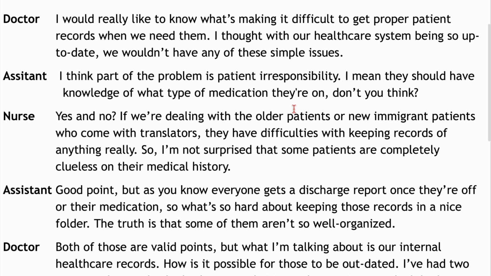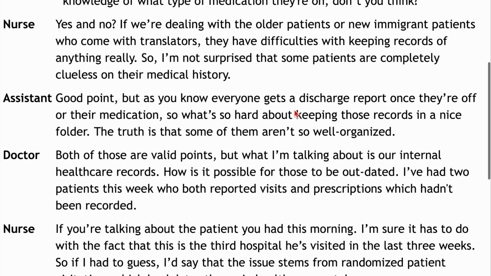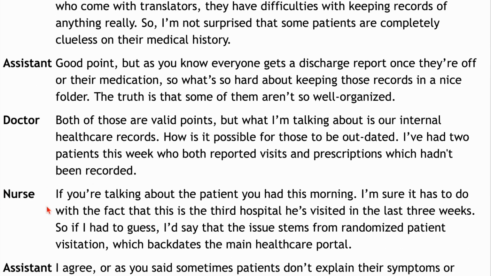Okay, I see over here. Nurse, if you're talking about the patient you had this morning, I'm sure it has to do with the fact that this is the third hospital he's visited in the last 3 weeks. So if I had to guess, I'd say that the issue stems from randomized patient visitation, which backdates the main healthcare portal.